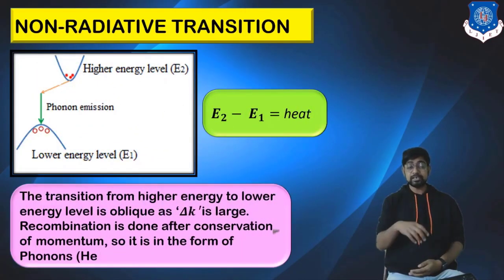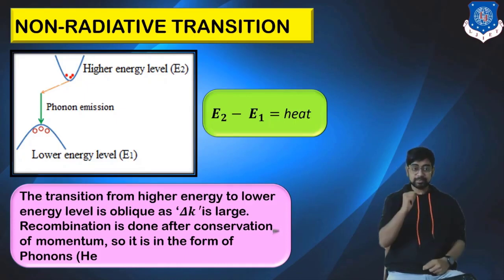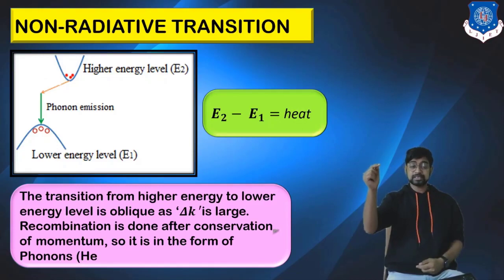Now, what was happening in a non-radiative transition? The momenta of the tips are different. In the previous case, the momentum of the tips of the conduction band and the valence band was the same, hence there was a direct band transfer, and that's why it was a radiative transition. But here the energy level E2 tip does not match the momentum of the lower energy level.